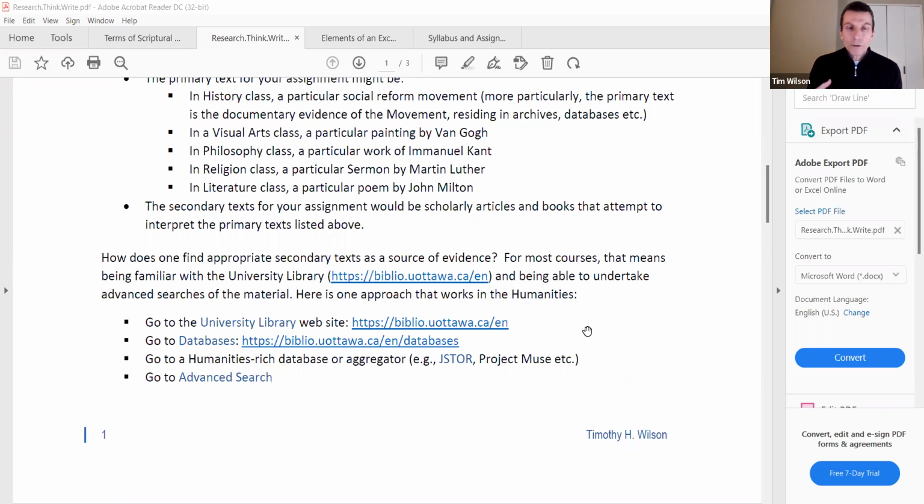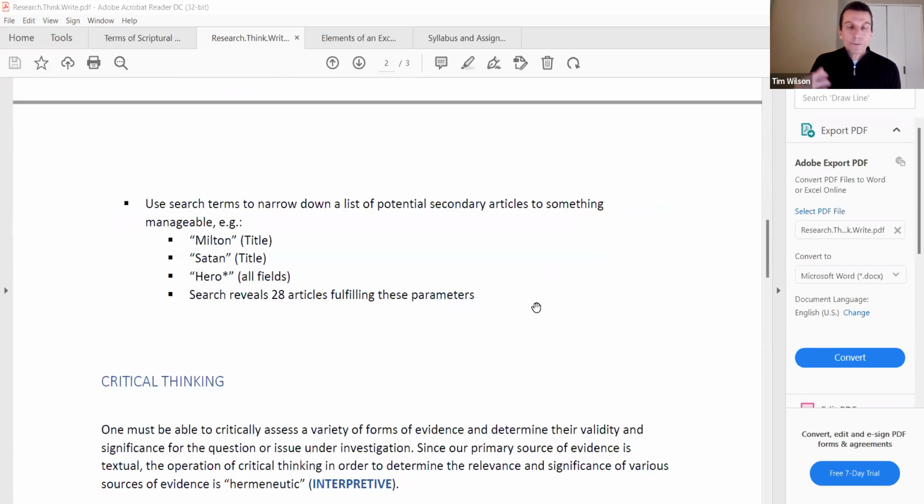And you can either go down to one of the particular databases or stay at the level that they call Omni, so it searches all of them. And for this assignment, if I were you, I would do some sort of advanced search function. The example I gave here was Milton, and if people were doing something on Milton's Satan in Paradise Lost, they might want to use those types of fields. But if you're doing Henry V, maybe you want to have Henry V in the title.